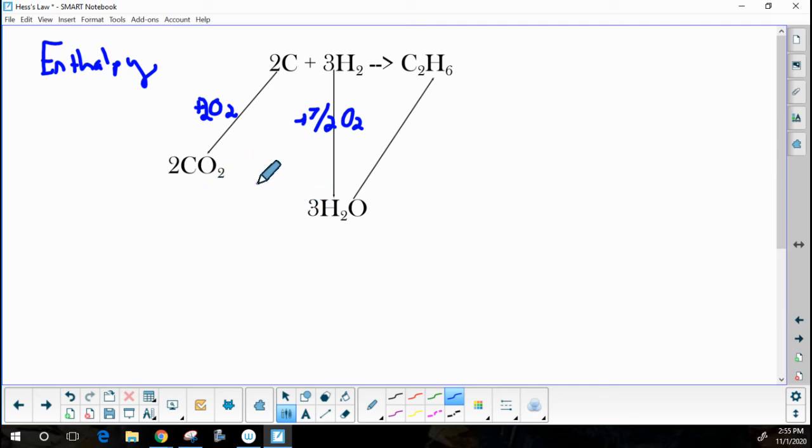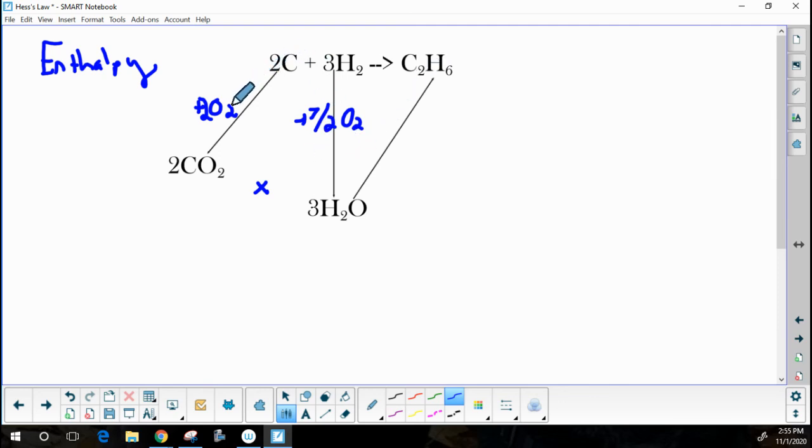And notice here that these are the products that make the ethane. And to get the ethane, what we did is add the 3 H2Os plus the 2 CO2s to make the C2H6 that you see up here.